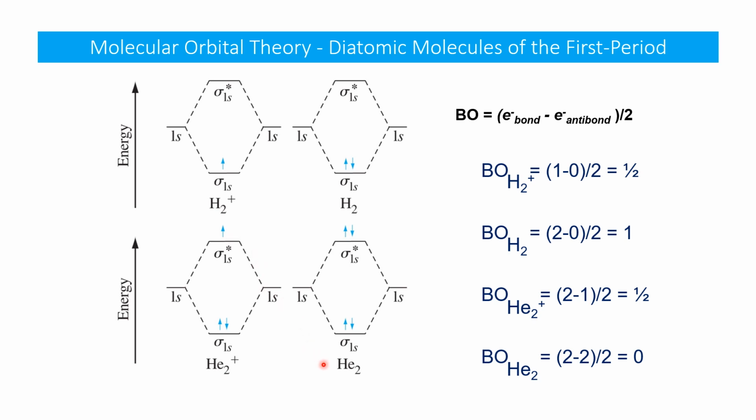It's a 4 electron system, and note that the bond order is 2 minus 2 divided by 2 equals 0. The bond order is 0. What does this mean? Well, obviously it means that there is no bonding between 2 helium atoms to form a helium molecule. So the helium molecule does not exist. Or if it does, it'd be very difficult. The lifetime would be very, very poor.